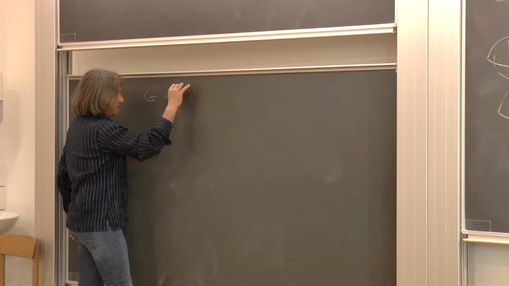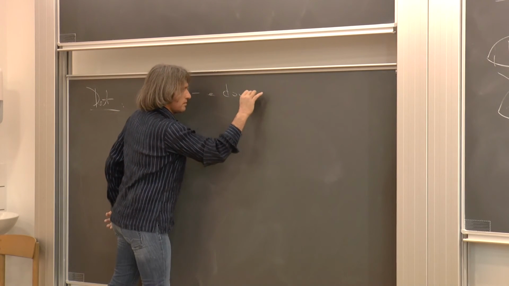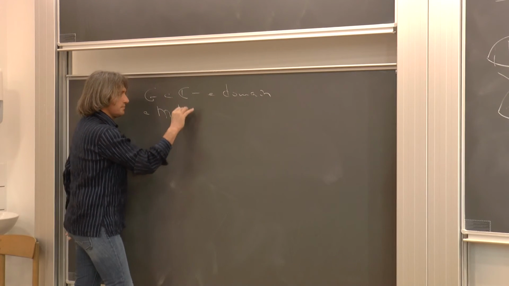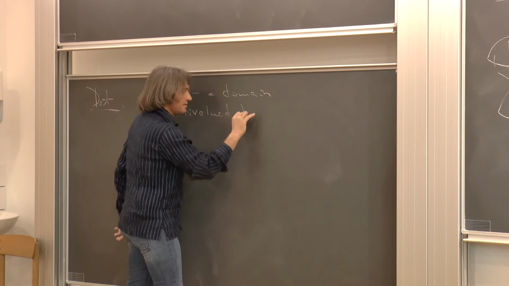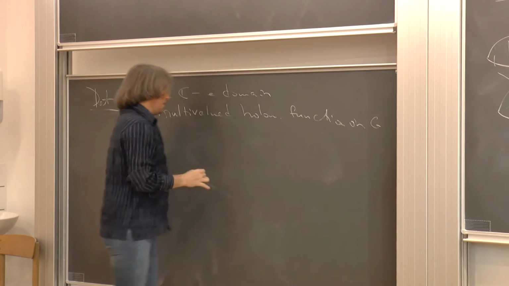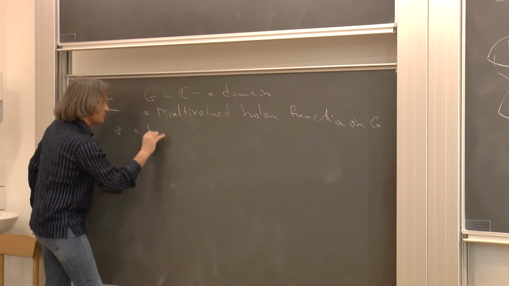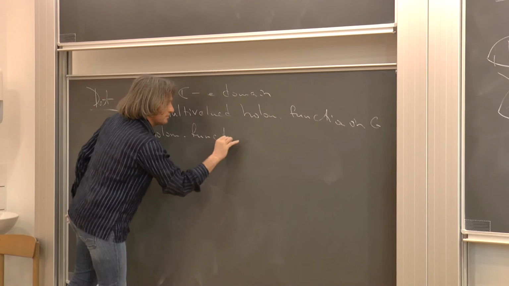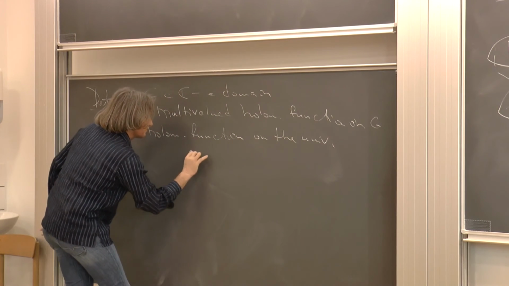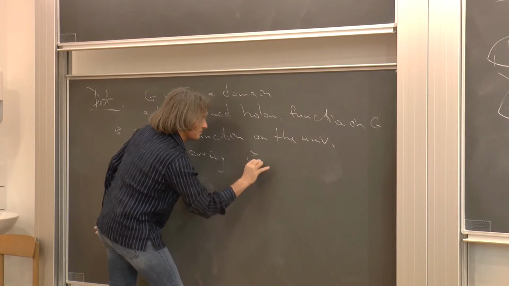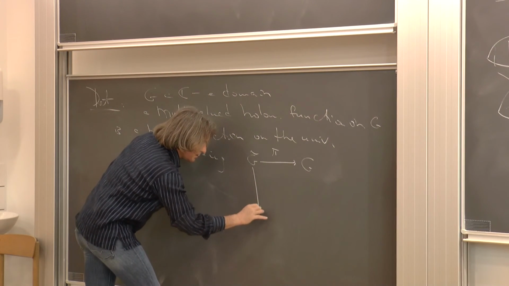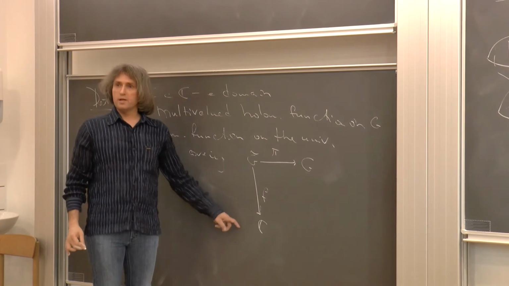Let G in C be a domain. A multi-valued holomorphic function on G is simply a holomorphic function on the universal covering G tilde to G. So we have this universal covering and a function which is an ordinary holomorphic function.